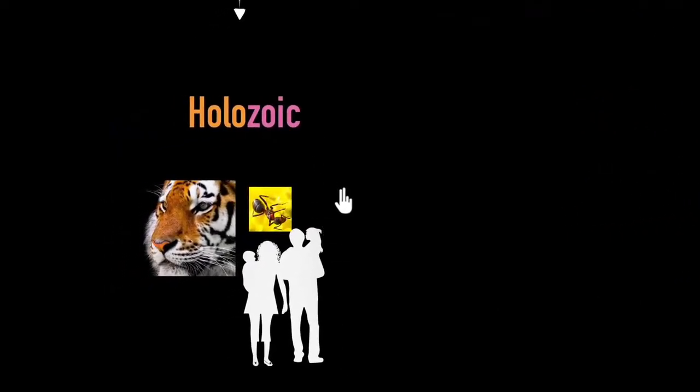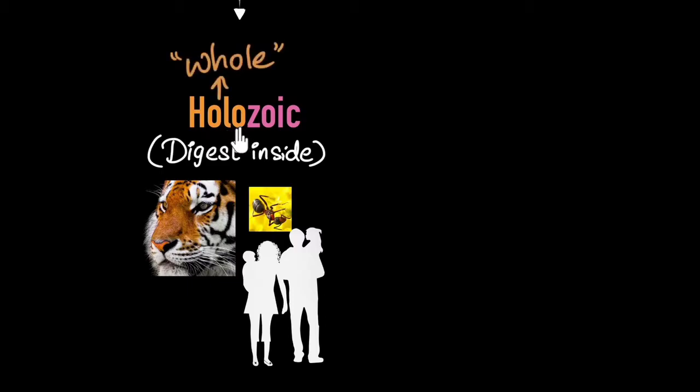Holozoic are consumers which digest their food inside of their body. You are a Holozoic. I am also Holozoic. Most animals and insects, we are all Holozoic because we eat and then the food gets digested inside our body. And we are called so because the word holo means whole, in the sense we eat whole food.